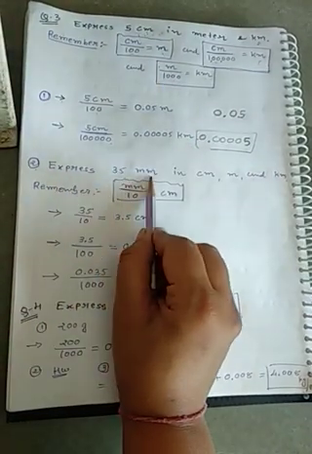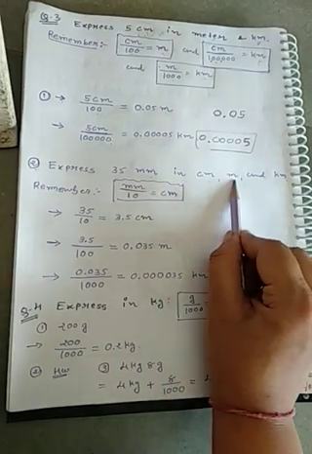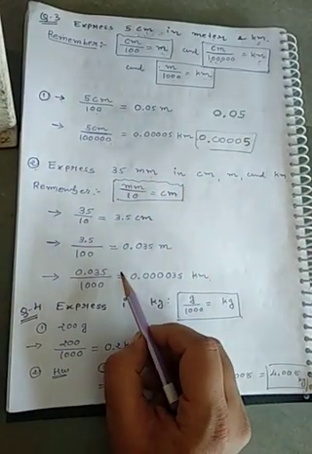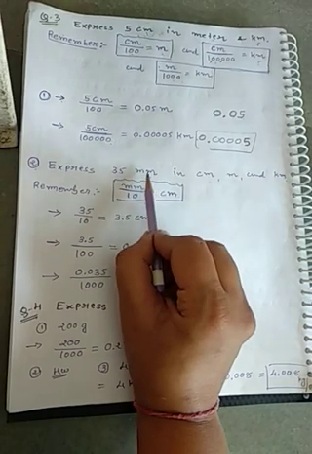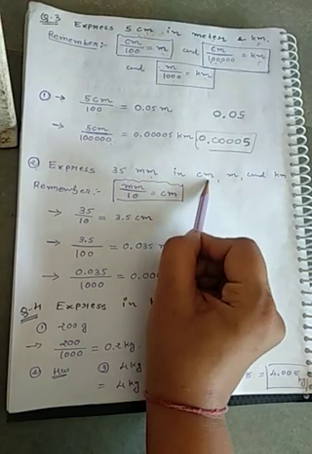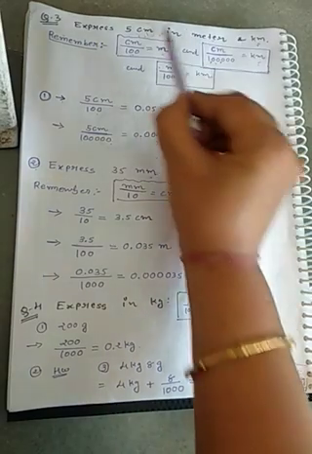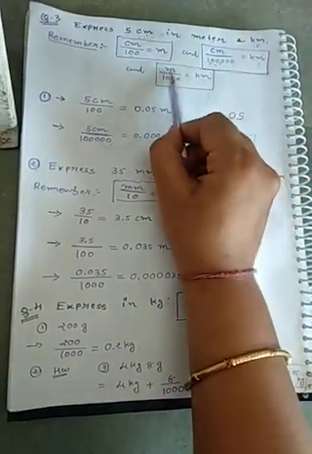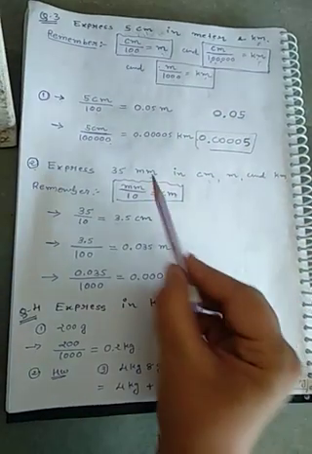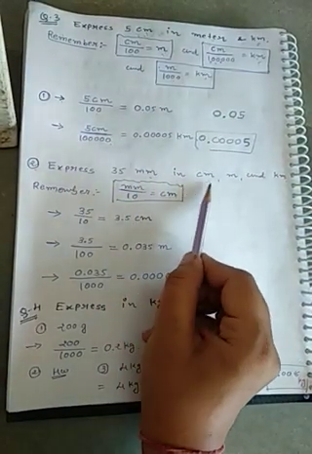Now question number 2 of question number 3. Express 35 millimeter in centimeter, meter and kilometer. So here we have to learn one more relation, millimeter into centimeter. Here we learned centimeter into meter, centimeter into kilometer, meter into kilometer. Now millimeter into centimeter.